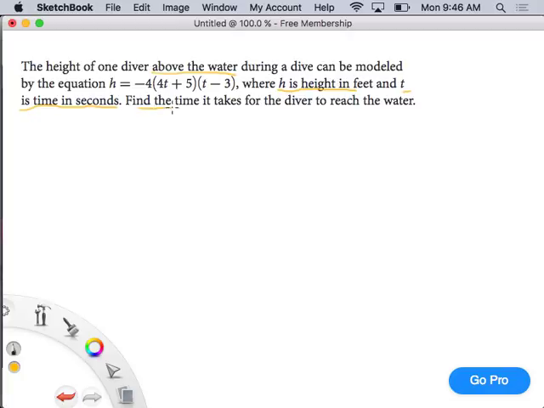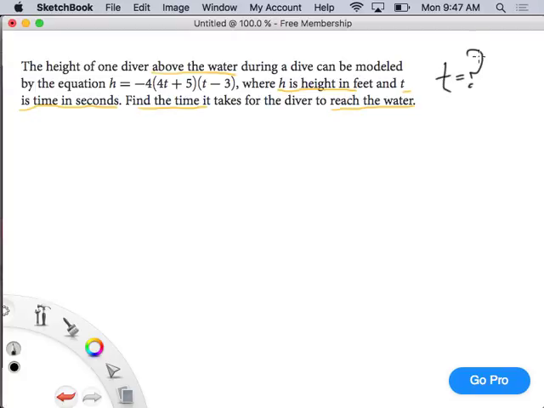And it says find the time it takes for the diver to reach the water. Okay, so first thing, what is it asking for? It says find the time, so it's asking to solve for t.